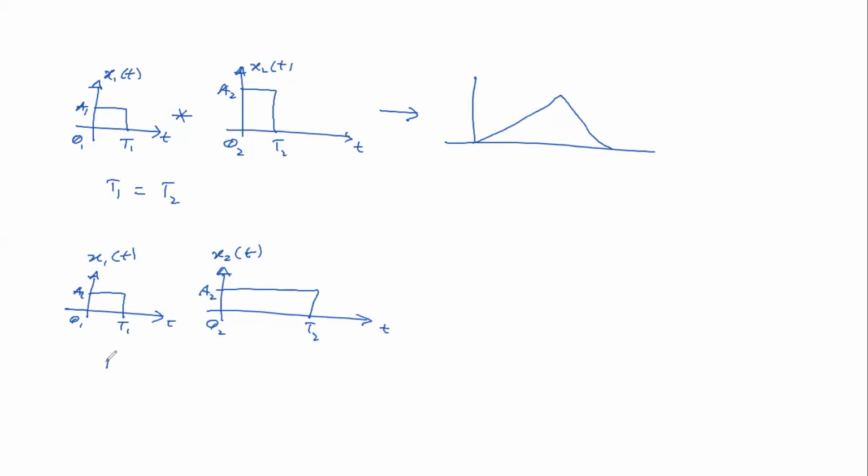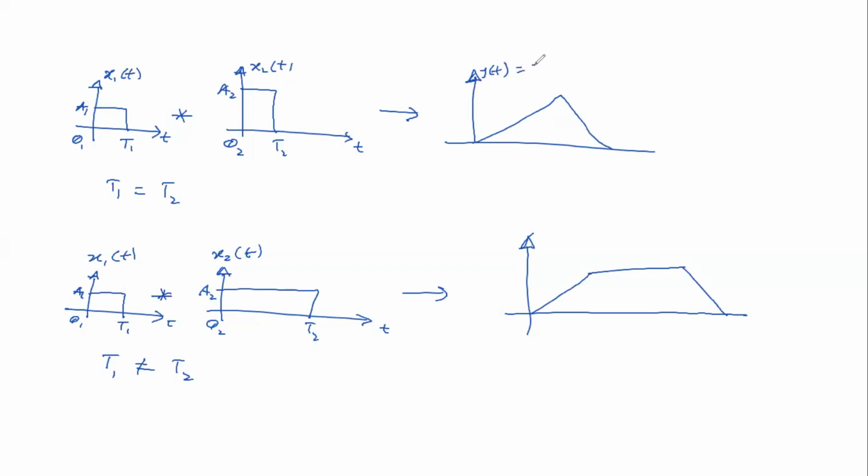But in this case, T1 is not the same as T2. Once we perform the convolution of these two, we're going to get a trapezoidal waveform as the output, okay? So this is what I want you to take note of. y of t is equal to x1 of t convolved with x2 of t.